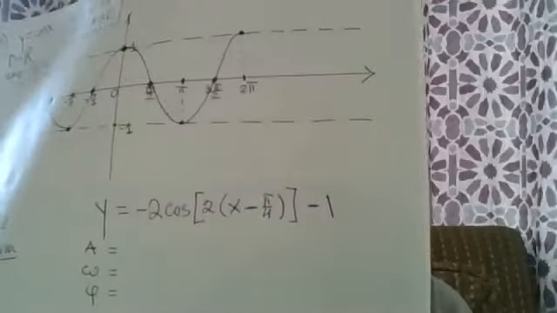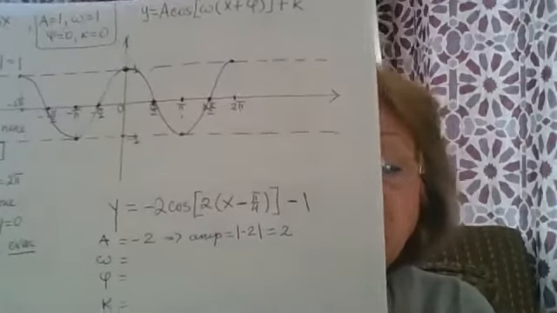Negative 2. Can you see that minus sign in front of 2? A is negative 2, but amplitude is the absolute value of negative 2. It is positive 2.